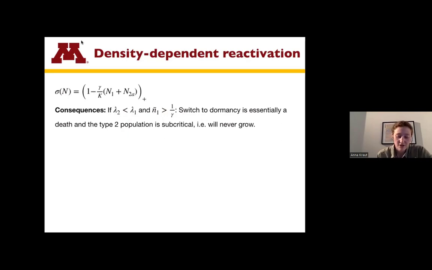Hence, if we start out with a small type 2 population, since it has a smaller reproduction rate, the process is subcritical and the type 2 mutants will never be able to grow.